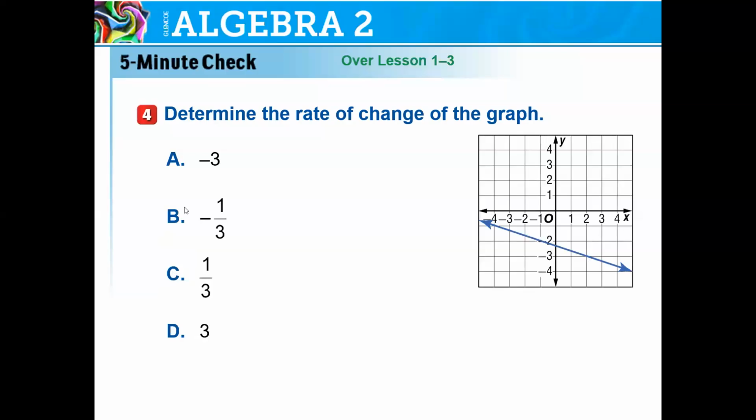Since we have a picture of the graph, I want to find where my holes are, and what I mean by holes is the points where I actually cross over a grid line. I have a point here at 2, -3, which is right where my cursor is. And it looks like I have another point at -4, -1.